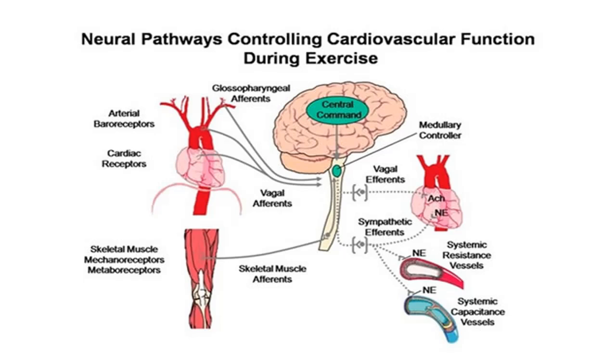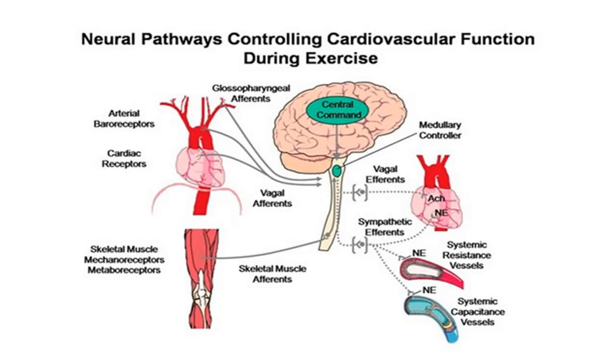By collecting all of these afferents, the vasomotor center can activate the sympathetic nervous system and increase heart rate, vasodilate and vasoconstrict some vessels.